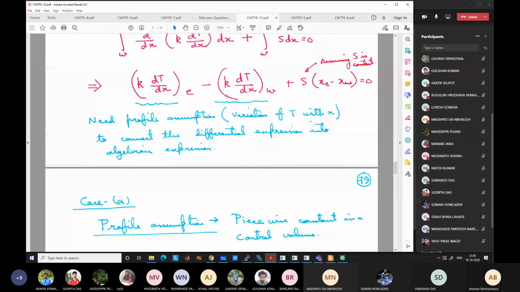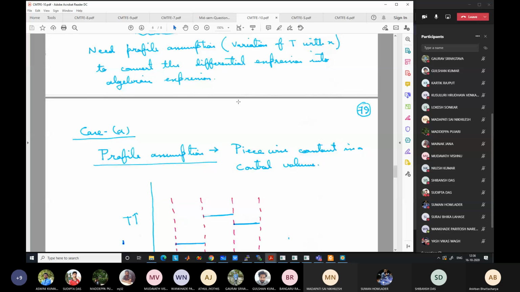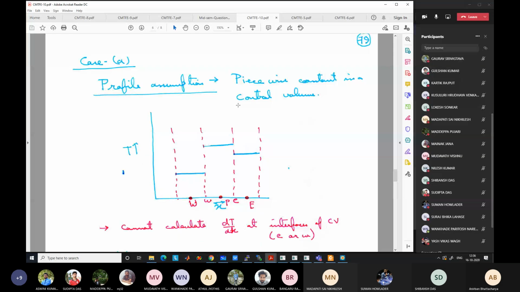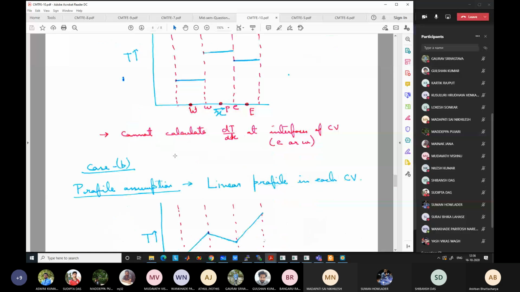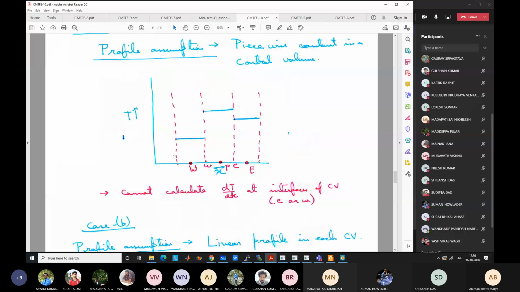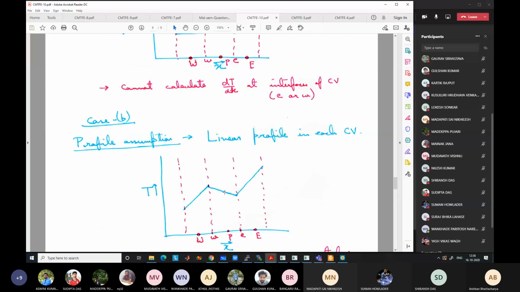Let us take another simple case. We assume the points are connected like this within the control volumes. At point P we have a certain value Tp, and the variation within the control volume is linear. At point W we have a certain value Tw, and it goes across linearly. So it changes within the control volume in a linear fashion, so that at the faces the temperatures are equal.